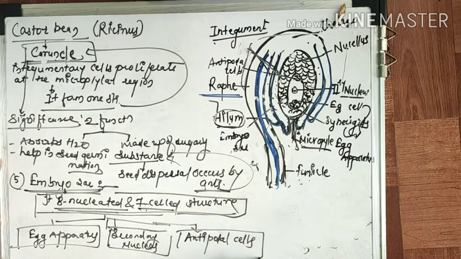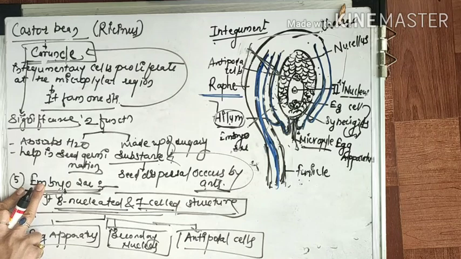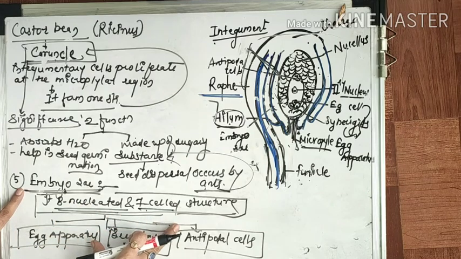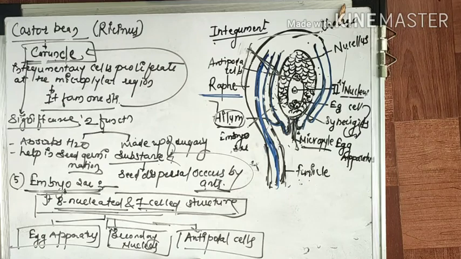Now we are discussing the embryo sac. How can we define it? It is an 8-nucleated, 7-celled structure consisting of 3 parts. We will discuss each and every part of this embryo sac.